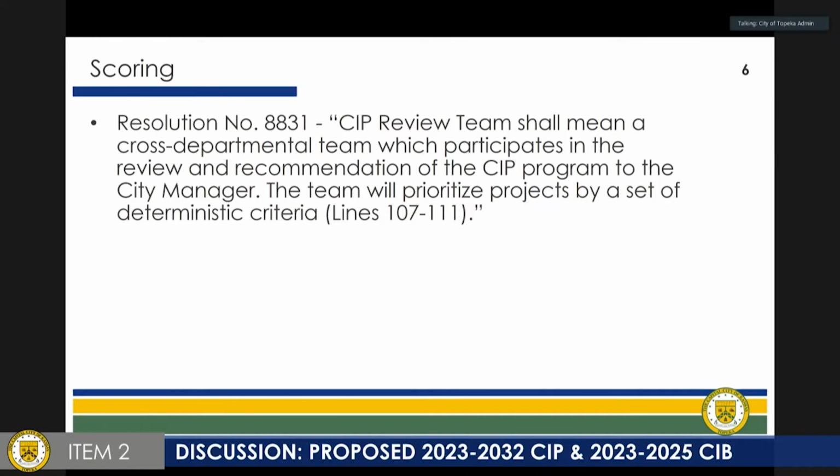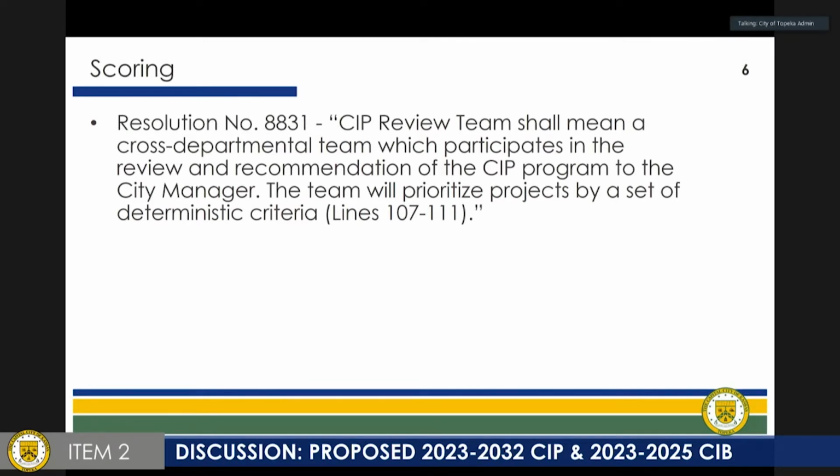Resolution 8831 that you passed says that a cross-departmental team will review and make recommendations of the CIP program to the city manager. Of note, the team will prioritize projects by a set of deterministic criteria.